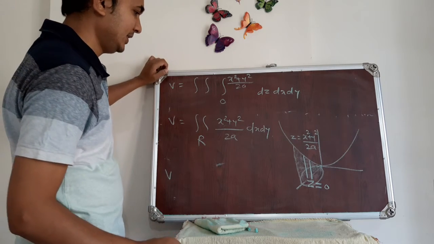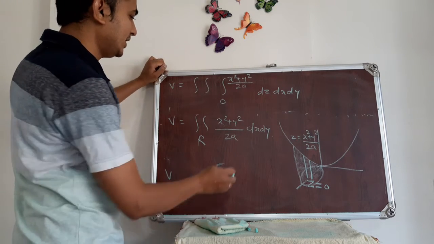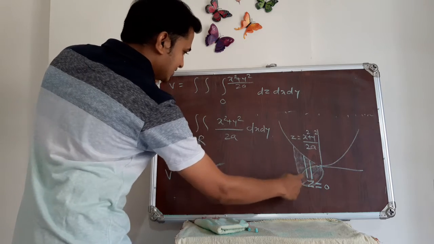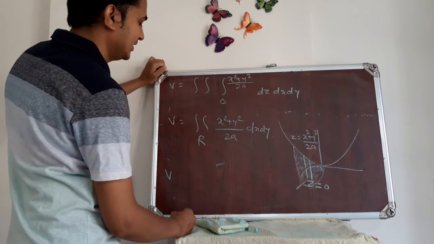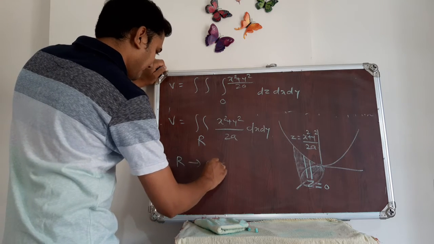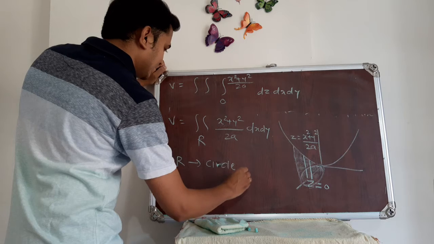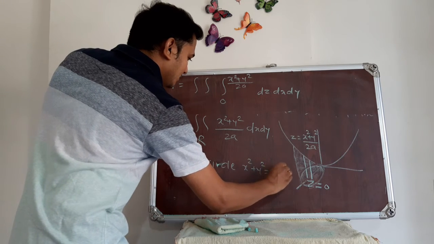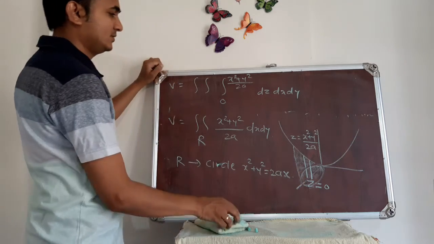Now once you are in two dimensions, the region is this circle x² + y² = 2ax.